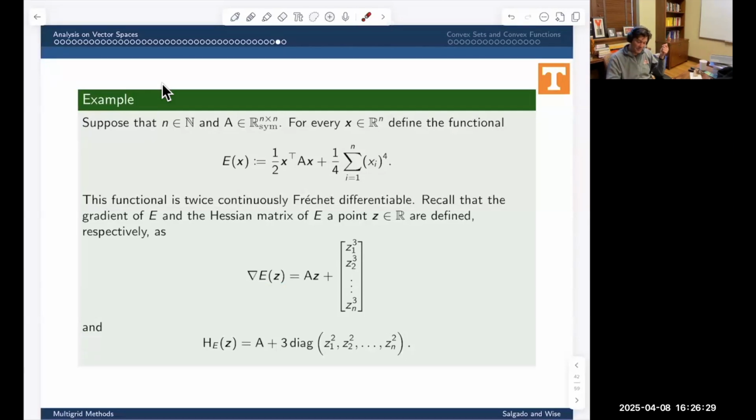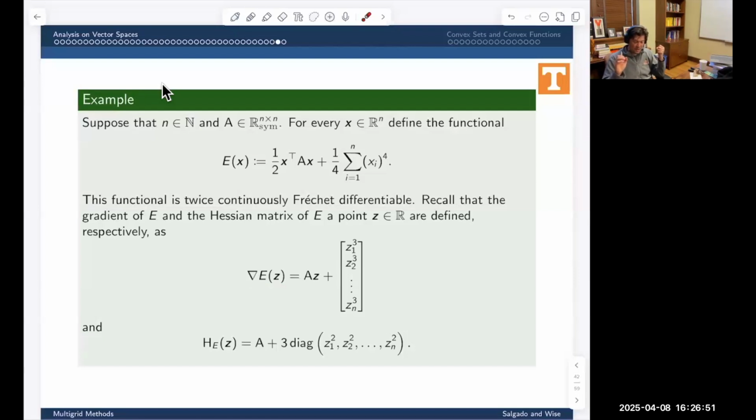So the first component is the first component of Z raised to the third power. Second component of this vector is the second component of Z raised to the third power, and so on, all the way down to the last. So this is a vector plus a vector. So this gives you the gradient vector, okay?